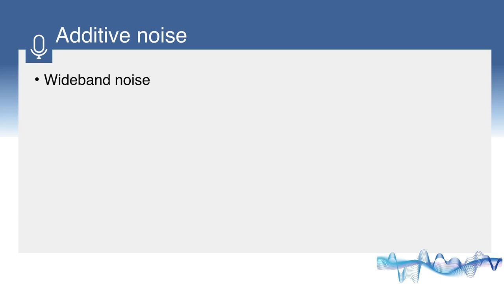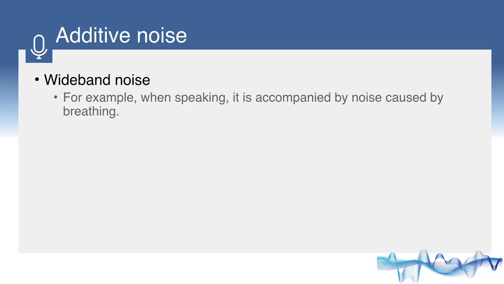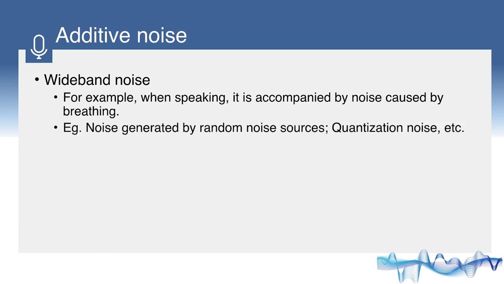Wideband noise is a kind of additive interference that is difficult to eliminate. Because it has the same frequency band as speech, and it will affect the quality of speech after eliminating the noise. For example, when speaking, it is accompanied by noise caused by breathing. Wideband noise includes noise generated by random noise sources or condensation noise, and so on.